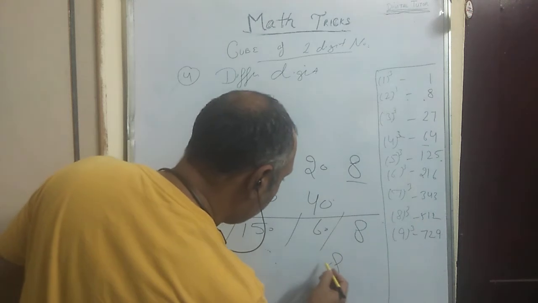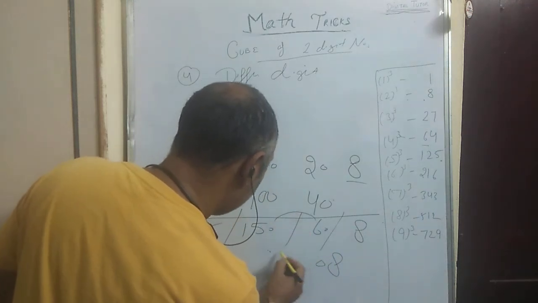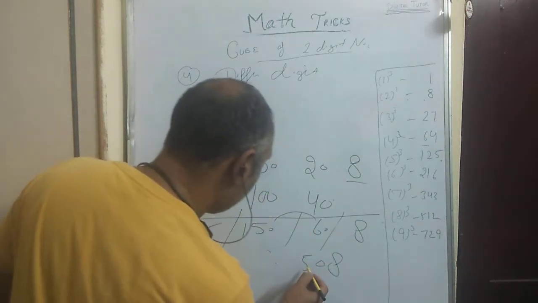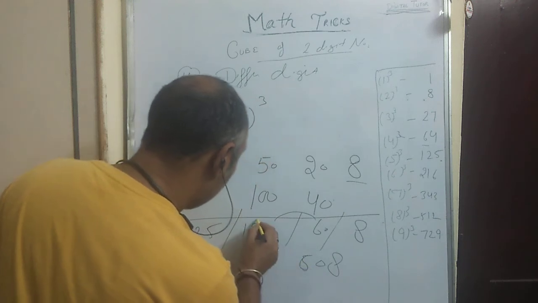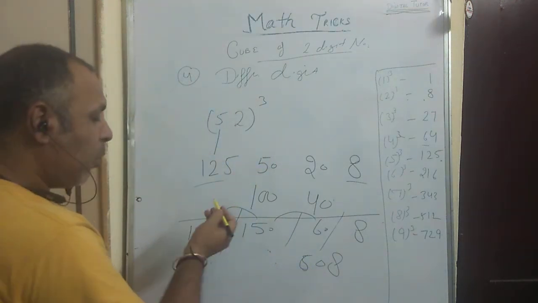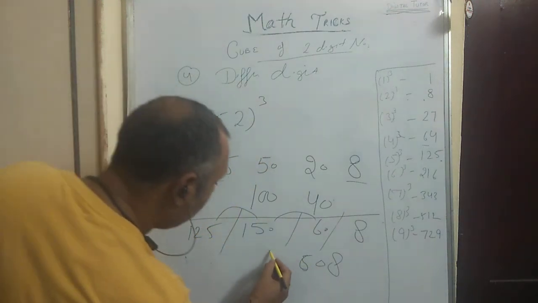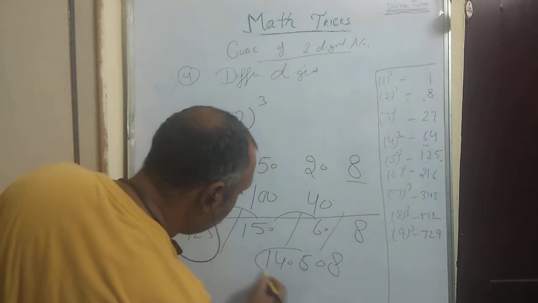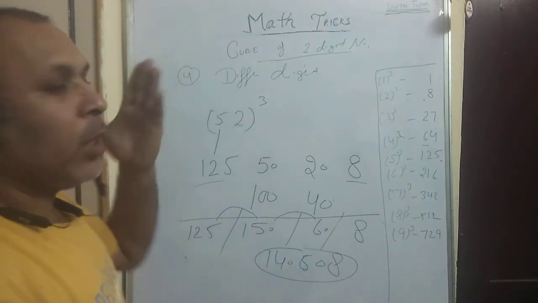That is 8, 0, 6 carry, that is 156. 6 and 15 carry. 15 plus 125 is 140. So that is the cube of 52.